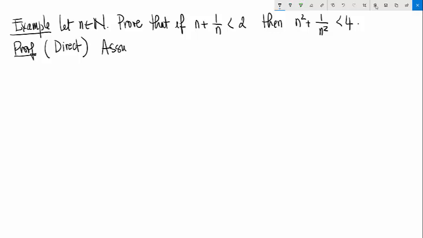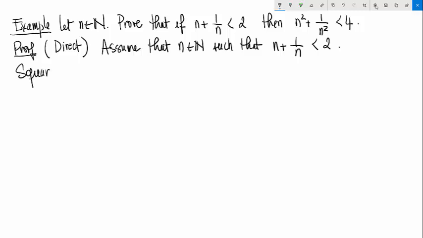So assume that n is a natural number such that n plus its reciprocal is less than 2. Now, if you look at the conclusion, it is a statement about the sum of the square of n and its reciprocal. So let's try to perhaps square each side of this given inequality.